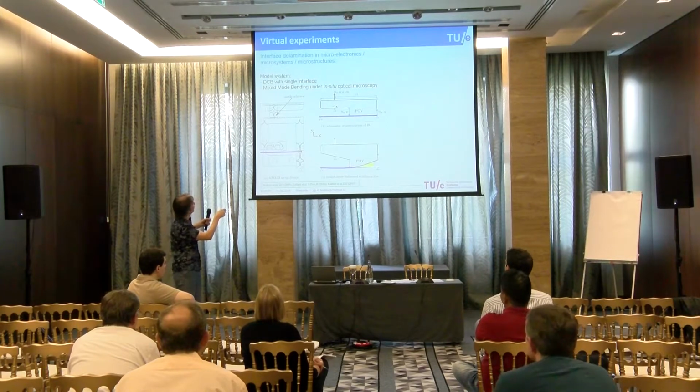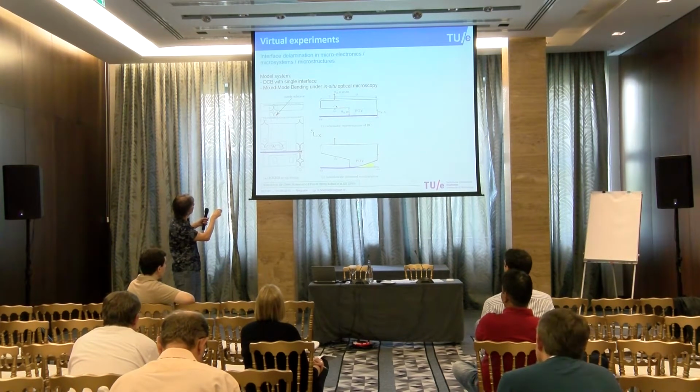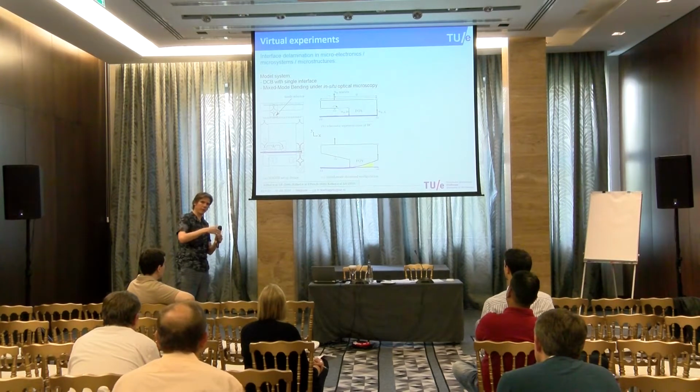C is this position basically. If you pull on this side of the structure, you do a mode 1 test. If you pull on this side, you actually do an end notch flexure test. But if you pull somewhere here, where the mode selector is, then you do a mode 2 test. So you go from mode 1 to mode 2, you can tune how you're loading the specimen. That's C. That's how you do the experiment.